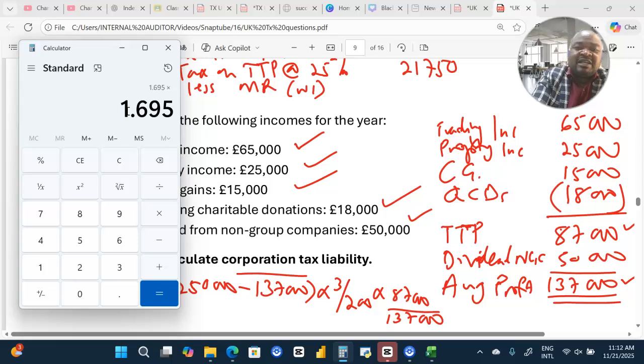You then multiply that figure by 87,000 divided by 137,000.